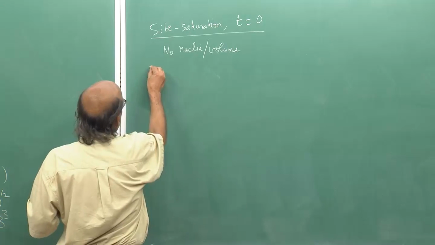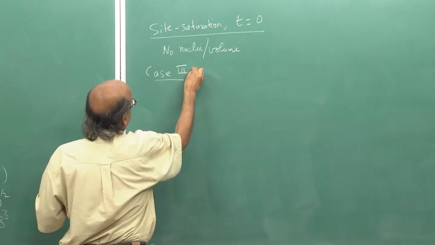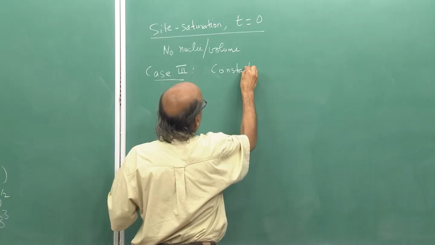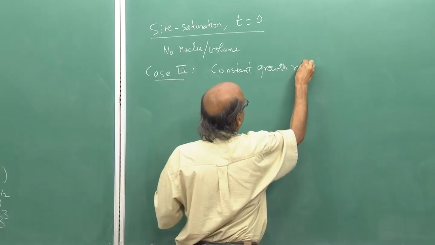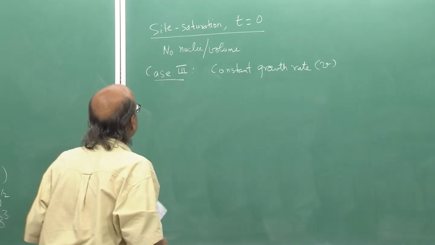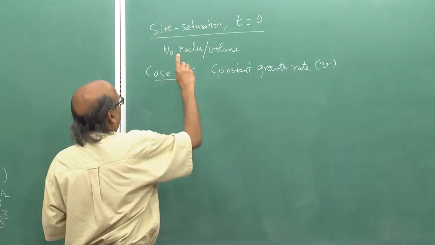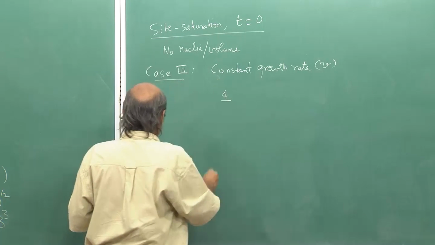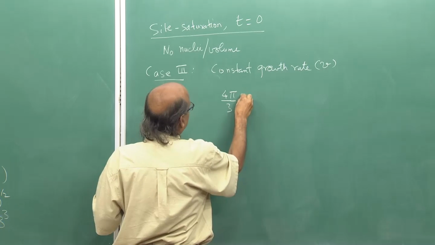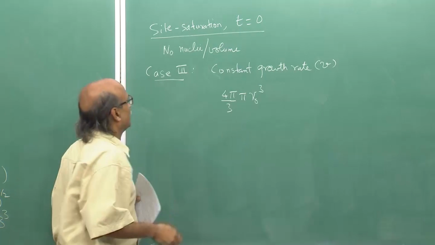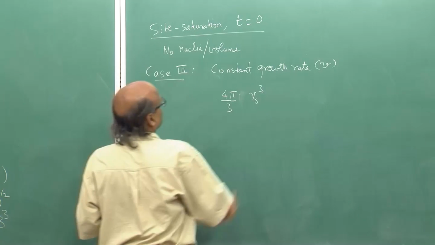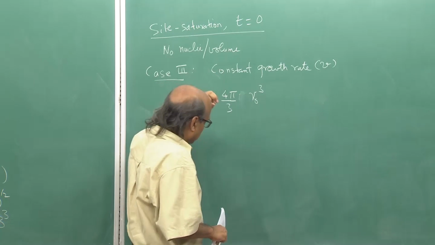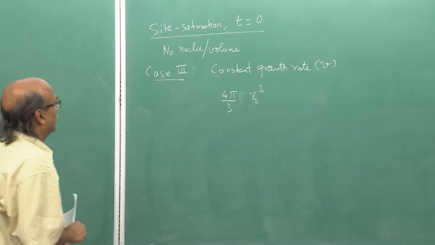For example, suppose we consider a third case where we assume a constant growth rate V. Since all the nuclei have formed at time t is equal to 0, the volume of any nucleus at any time t would simply be 4 pi by 3 R0 cube, where the subscript 0 designates all the nuclei which formed at time t equal to 0.